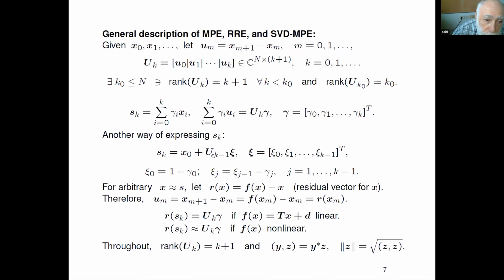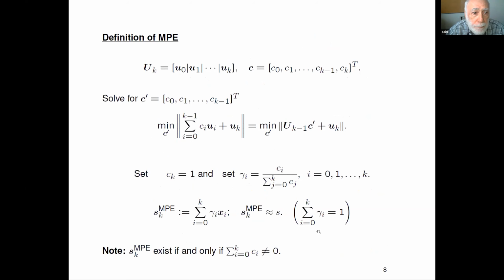Now, it turns out that this vector here, U sub k times gamma, is actually the residual vector for a linear system, and it's a true first order approximation to the residual vector if f is nonlinear. So we'll be using here the norm induced by the L2 inner product.